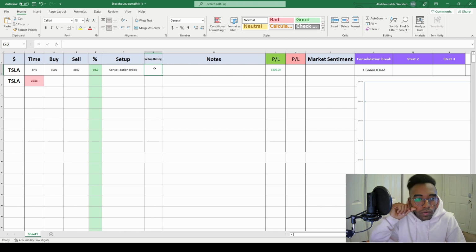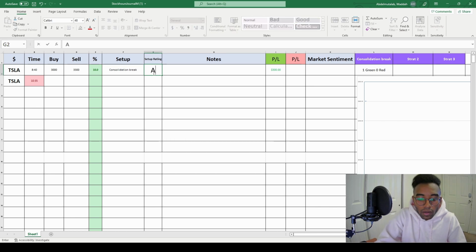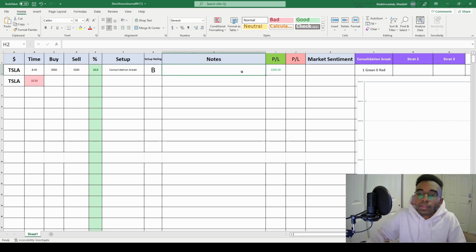The only way to recognize that is obviously to visualize where you're going wrong, how much percent you lose on those trades, how much percent you gain on those trades. So setup rating for me, I know I love consolidation breaks, so I'll set that as an A or a B plus, whatever. Now notes would be anything specific about the trade you saw with the tape and level 2.